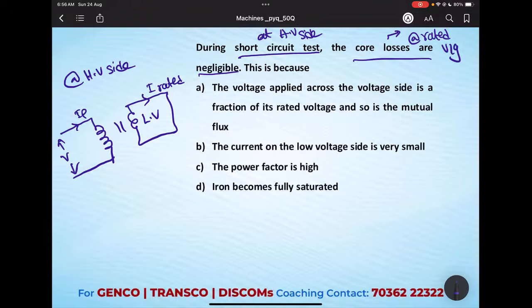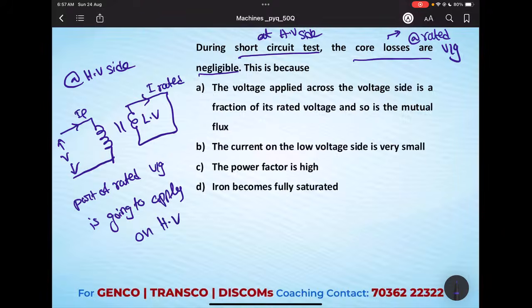So if you see here, in order to generate rated current at the LV side, we need to apply only part of the rated voltage on the HV side. Full voltage is not required. Why?